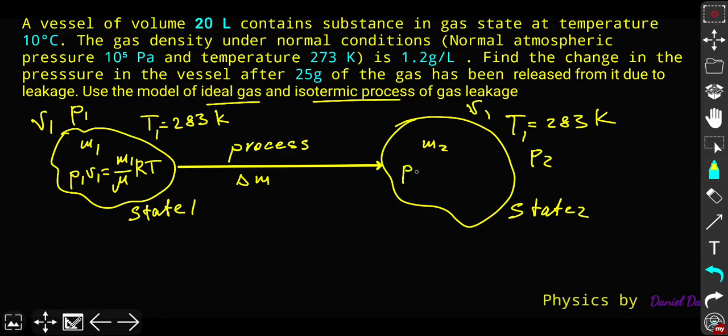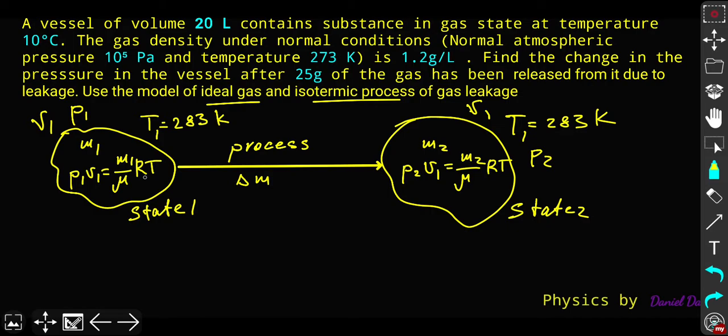So what about state 2? We will have a new pressure, the same volume, a new mass m2, and the same rest of the formula. Okay, so that's what we have right now. So we have the gas state formula for state 1 and for state 2 respectively.